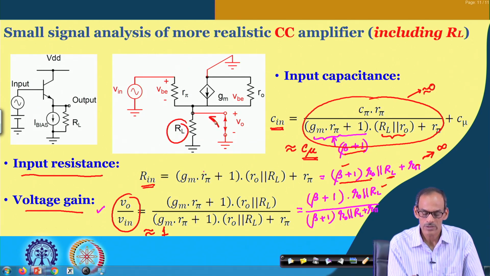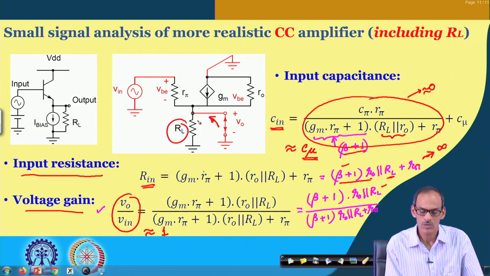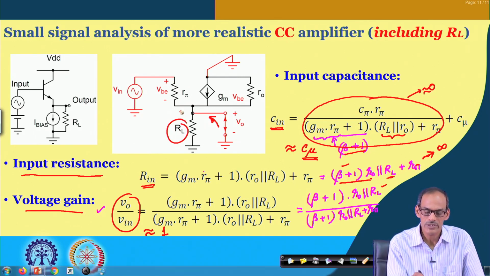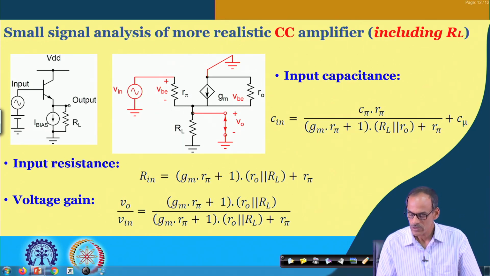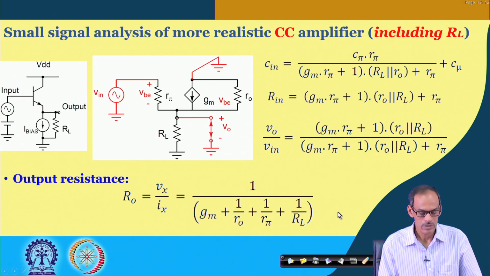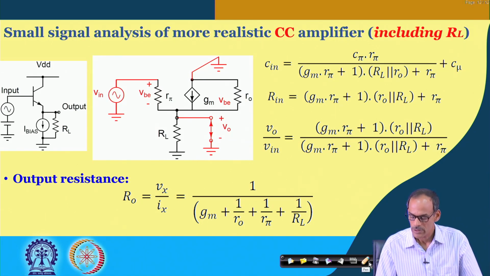If you see this circuit and at this point ask what the output resistance is, it is basically the output resistance from the rest of the circuit in parallel with RL. I guess it is very straightforward to derive; this is the expression of Ro.